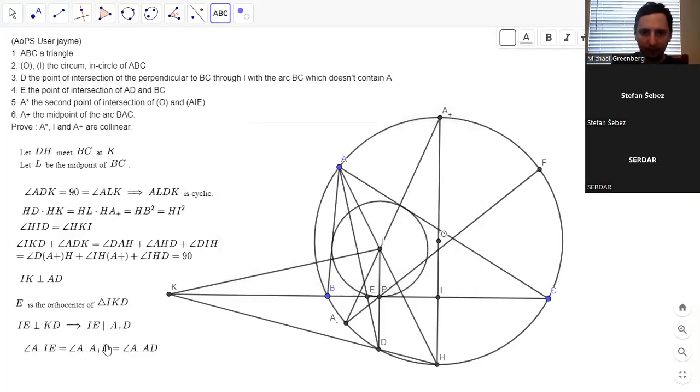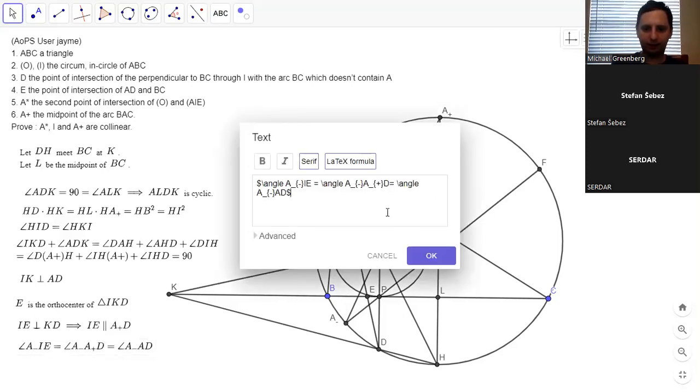And that implies A minus AIE is cyclic. And that implies A minus equals A star.